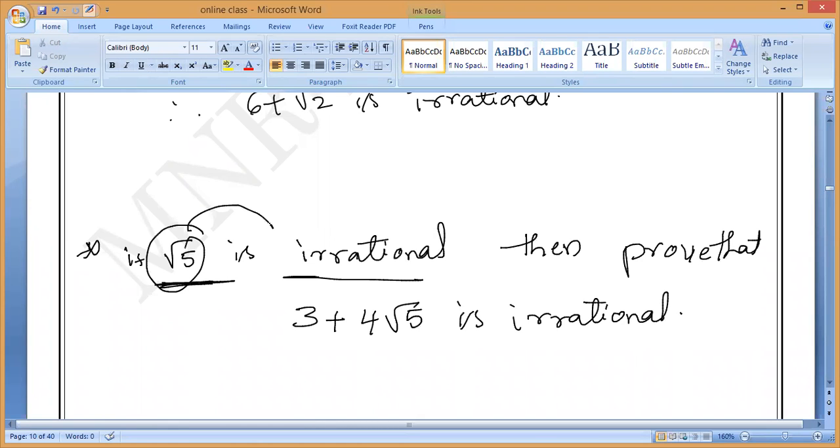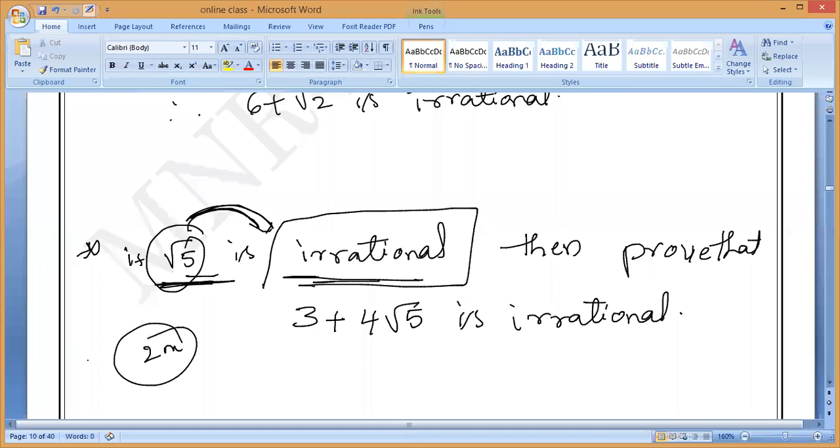It is already given, correct? This type of question is for 2 marks. If it is not given, you have to solve root 5 is irrational. So like these questions you can solve now.